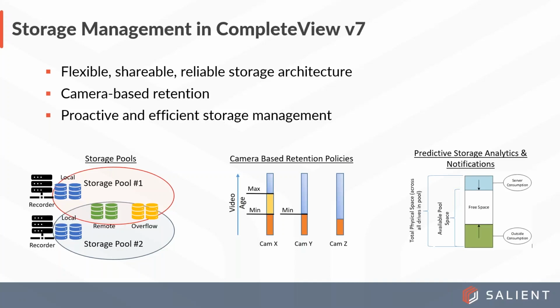It's basically informing system administrators that, hey, you've got some cameras that are maybe less important, but we've squeezed out as much storage as we possibly can from those in order to make sure that the cameras that do have a retention policy are able to maintain that retention policy. You should probably do something because you're very close to being in a state where you don't have enough storage.